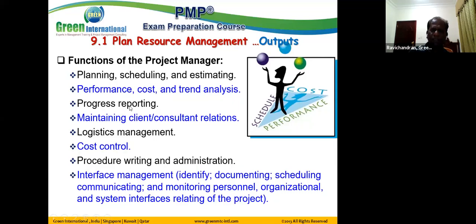What are the various functions of the project manager, like planning, scheduling, estimating, performance measurement, cost and trend analysis, progress reporting, maintaining the client-consultant relationship, logistic management, cost control, procedure writing and administration, interface management? All are part of the project manager.